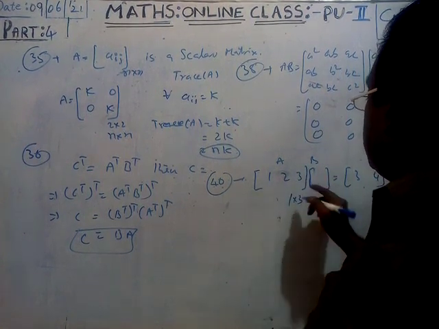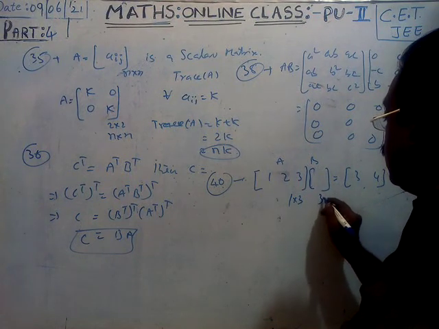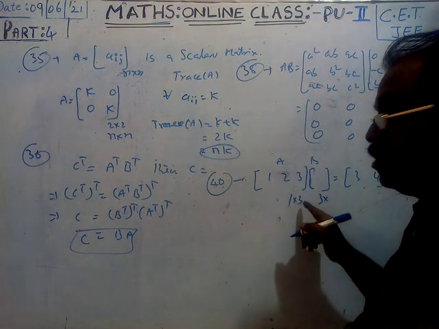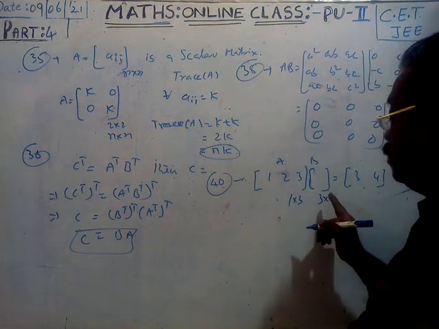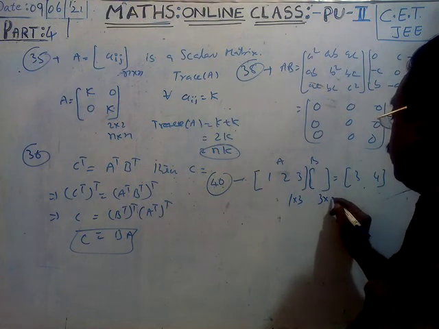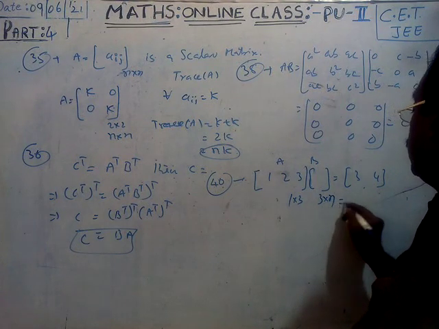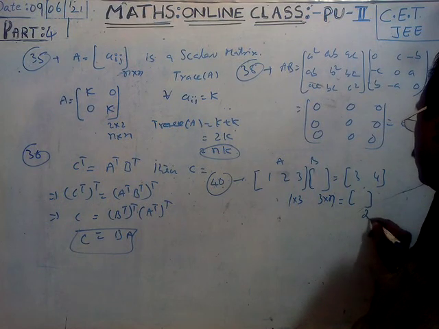Whereas the product is defined, that means there must be 3. The number of columns of the first matrix must be equal to the number of rows of the second. Rows and columns must be equal. And we don't know this n. And here it is 1 row, 2 columns.